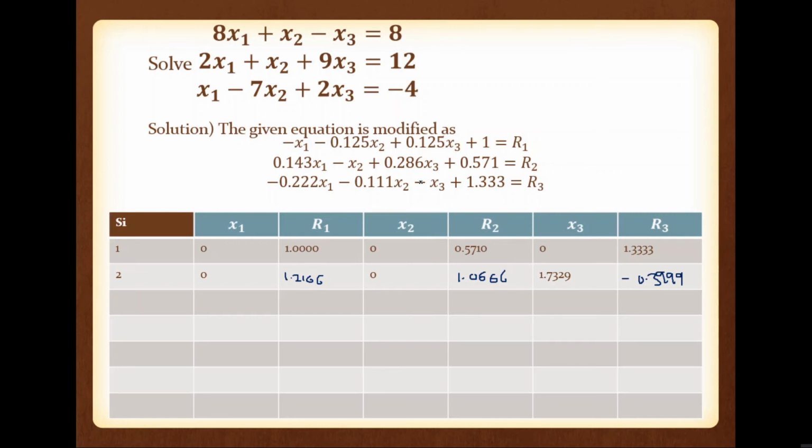Okay. So these are the values. Is it okay, all of you? Okay, so now which one is the largest residue?